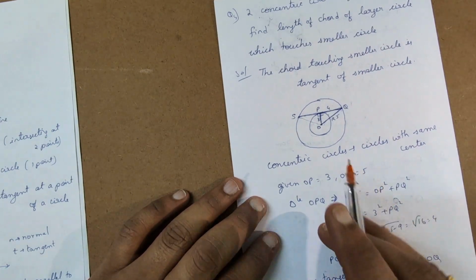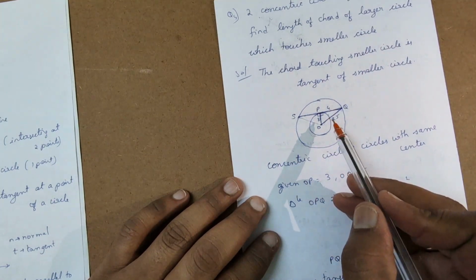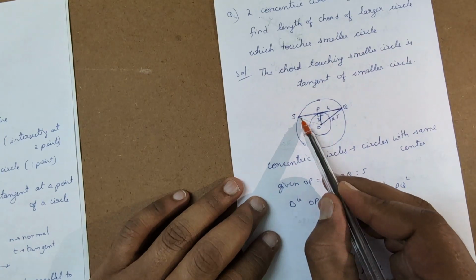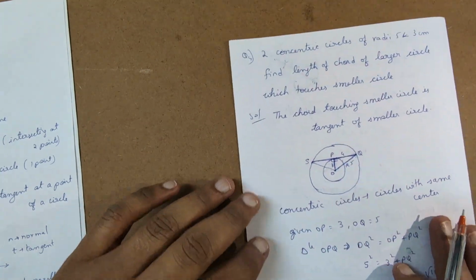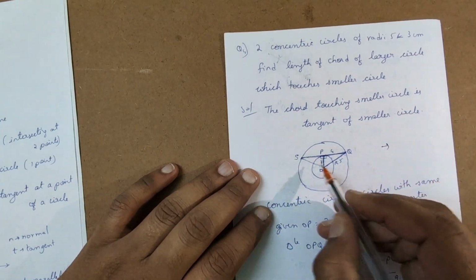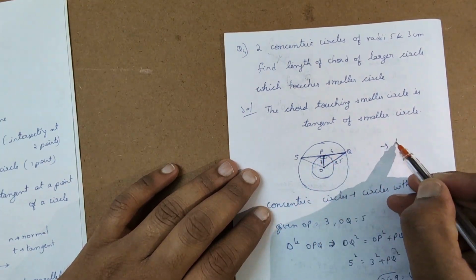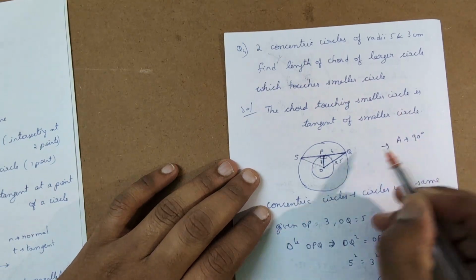As I mentioned, if a tangent is drawn, then this triangle and this triangle will also be congruent. How are they congruent? First, both triangles have a 90 degree angle.